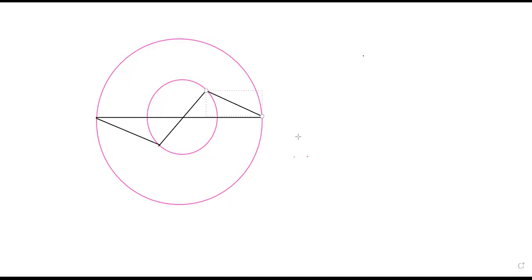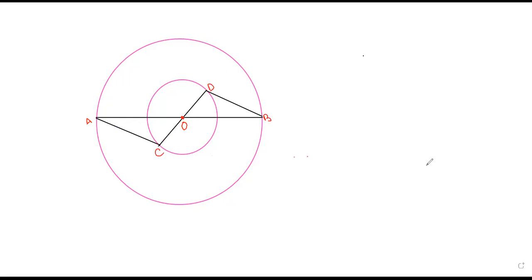Okay, this is A, B, C, D, and O. And this O is the center of both the circles, right? It is the center of the bigger circle and the small circle. And you need to prove that these two triangles are congruent.